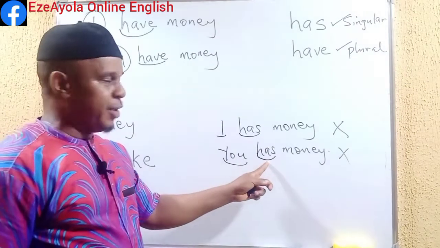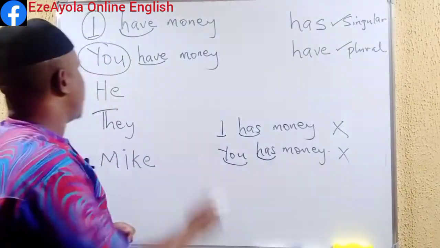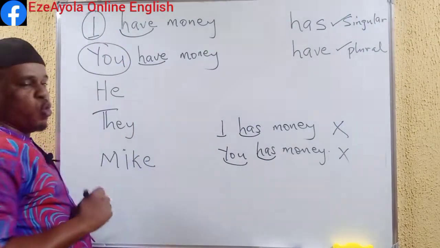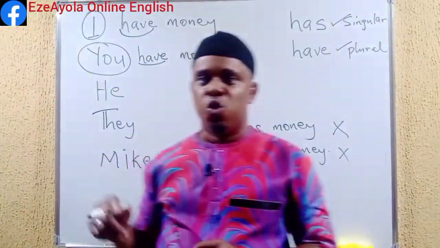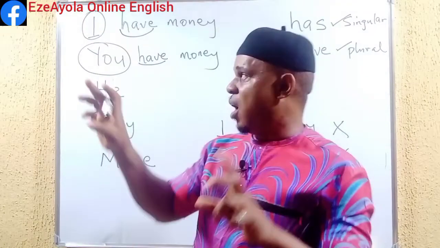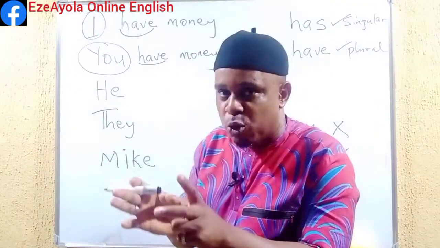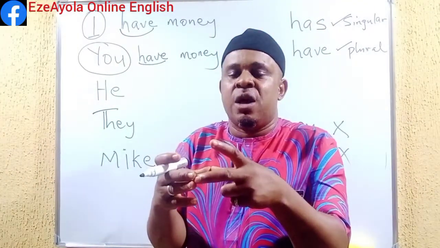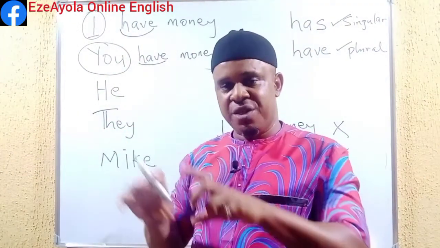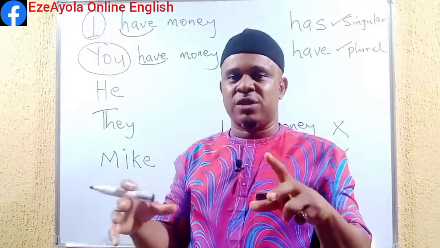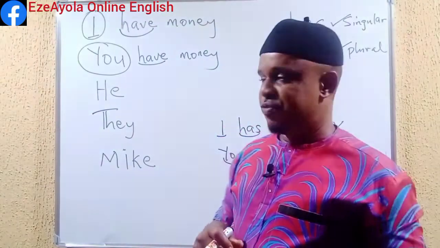It cannot agree. So what are we saying? This I and you, I want you to take note of the fact that the I and you are the only singular pronouns that agree with these plural verbs. They are singular pronouns, but they agree with the plural verbs.